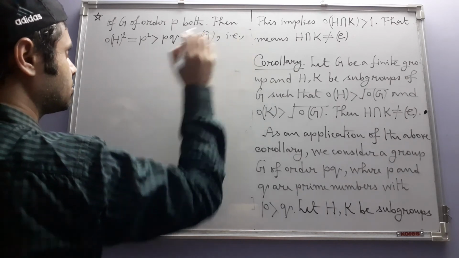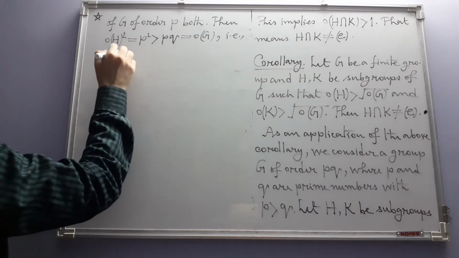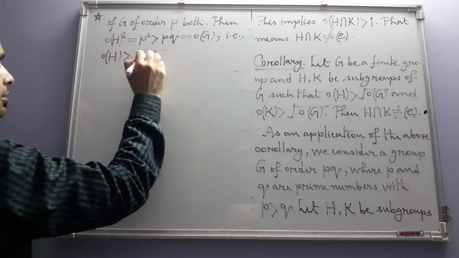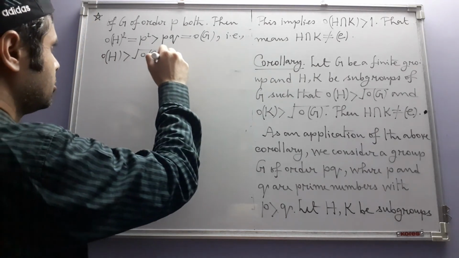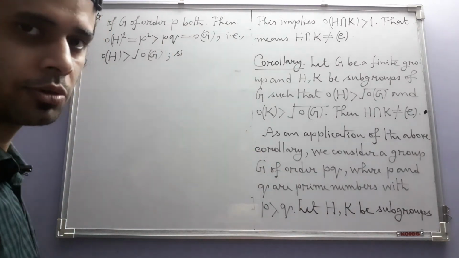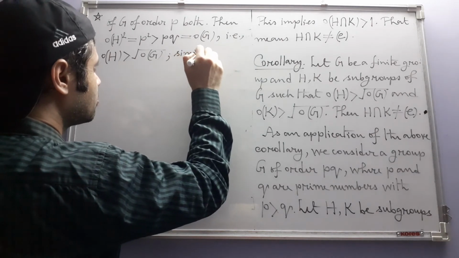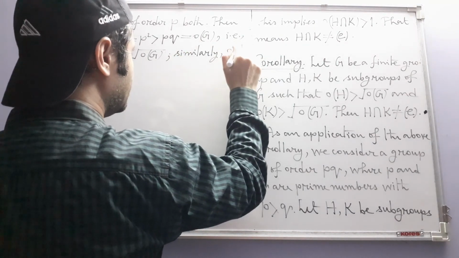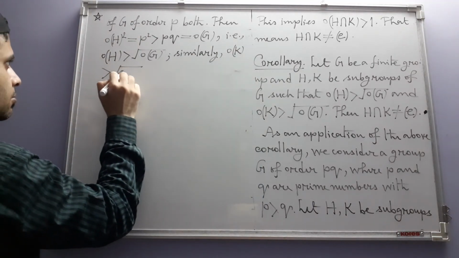That is, order of H is greater than square root of the order of G. So you see that in this case we indeed have that condition. Similarly, because K also is a subgroup of order P, similarly order of K is also greater than this.